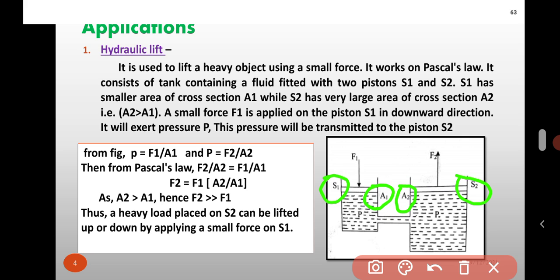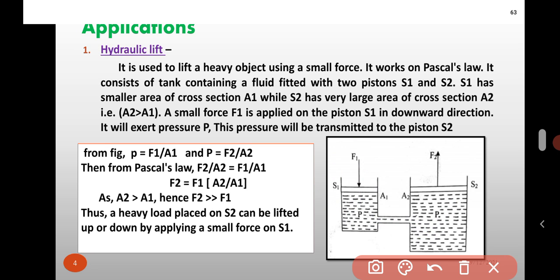That is, A2 is greater than A1. A small force F1 is applied on the piston S1 in the downward direction. It will exert pressure P. This pressure will be transmitted to the piston S2.